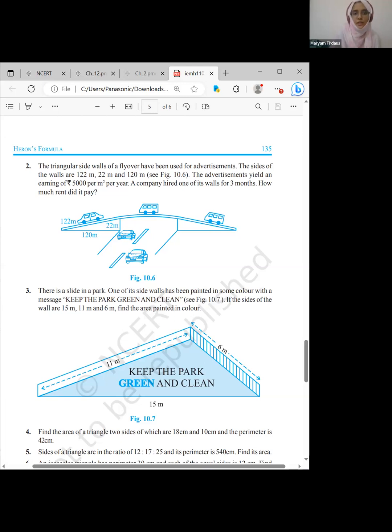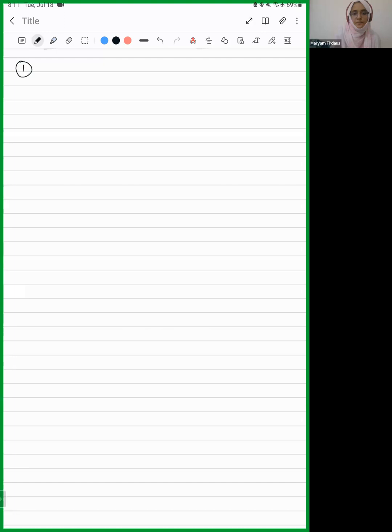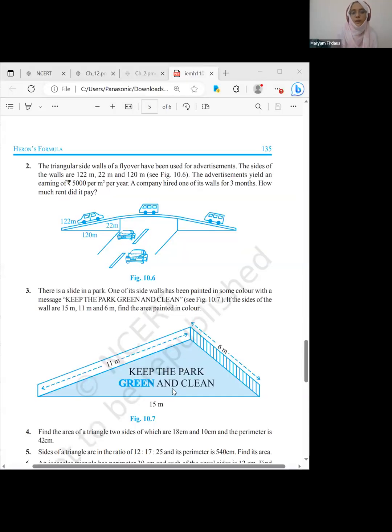Let me just stop sharing and I'll start sharing again. Okay, is it fine now, Karen? Ma'am, I can just see a whiteboard. I cannot see any textbook. You're not able to see the textbook. No problem. I will read out the question and I'll write. I'll draw the diagram also.